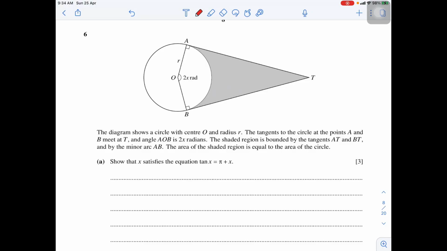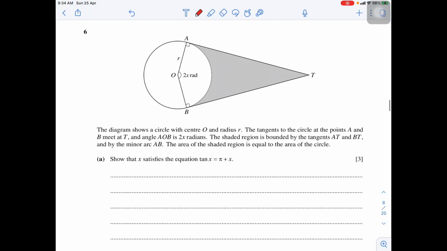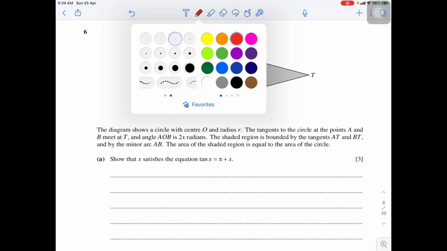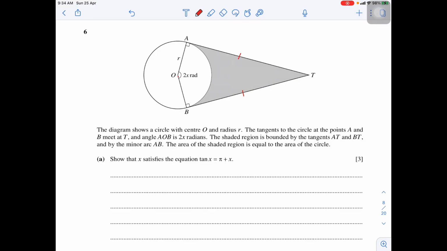That's the first thing we should remember. The shaded region is bounded by the tangents AT and BT and the minor arc AB. The area of the shaded region is equal to the area of the circle. Show that x satisfies the equation tan x is pi plus x.